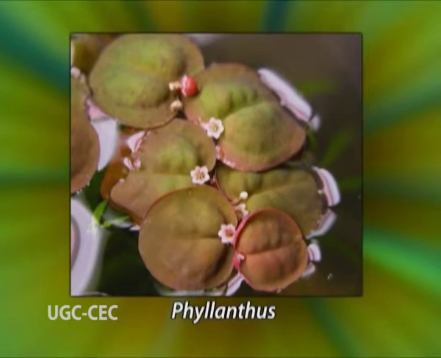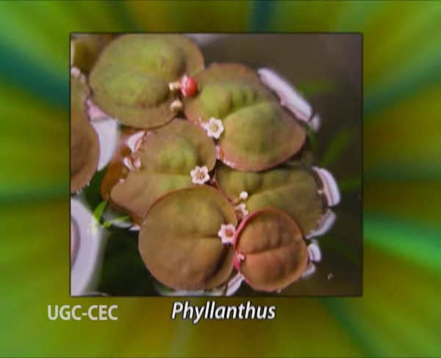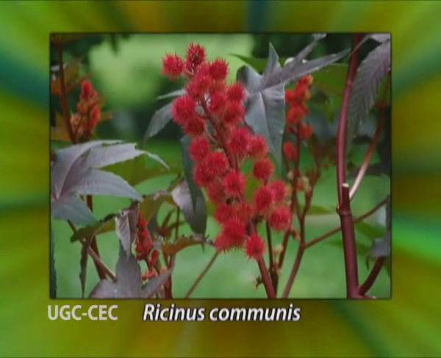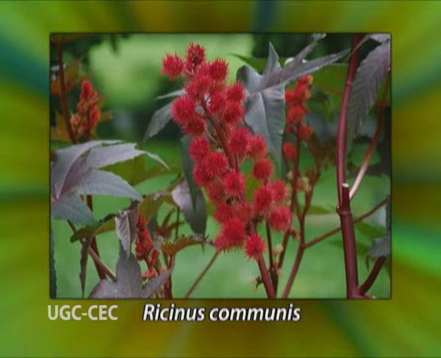Androecium, stamens 1 to many, free or united. One stamen is present in Euphorbia, 3 stamens but with fused filaments, example Phyllanthus, or many stamens are present in Trewia. In Ricinus communis, the stamen is polyadelphous and the filaments are branched.